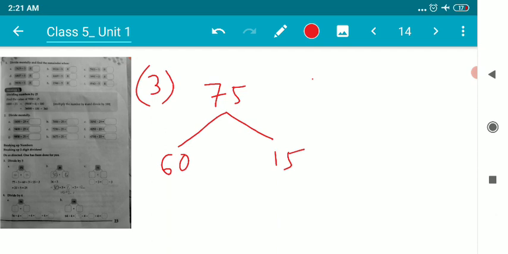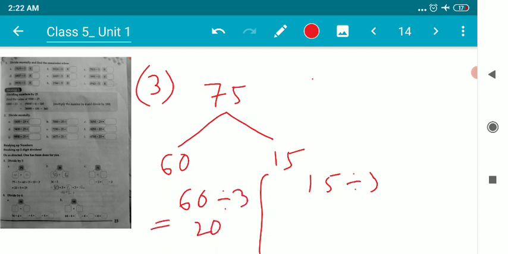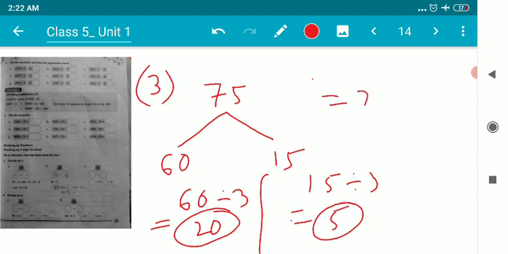So now, children, I'll divide 60 by 3 and I'll divide 15 by 3. 60 divided by 3 comes 20, and 15 divided by 3 comes 5. Just add them, 20 and 5. Answer is 25. That means if I divide 75 by 3, the answer will be 25.